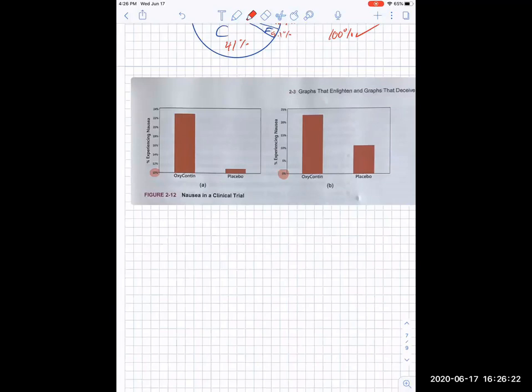And then the other one here, also pictographs are deceiving. So we usually do not use pictographs. Let me explain again why with this picture here.